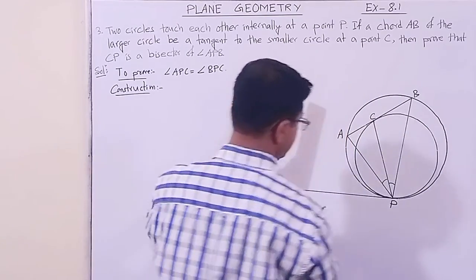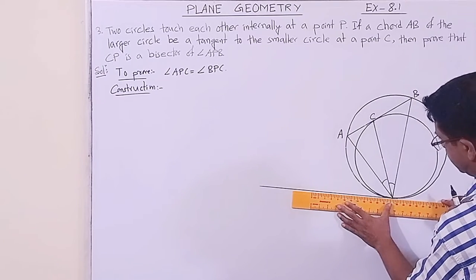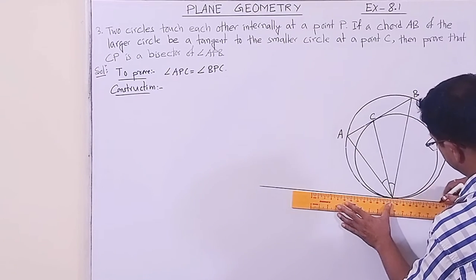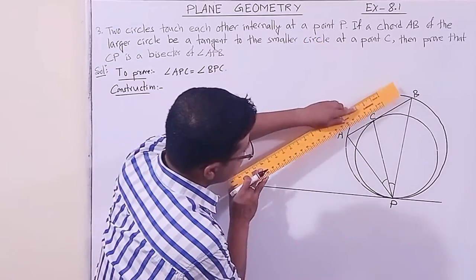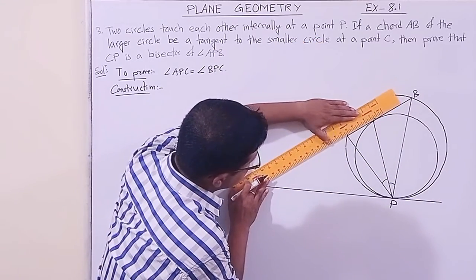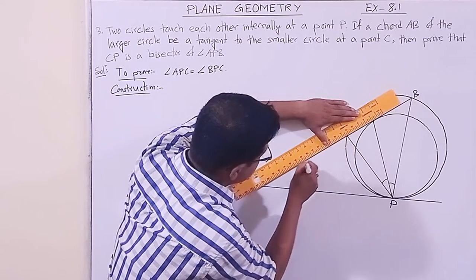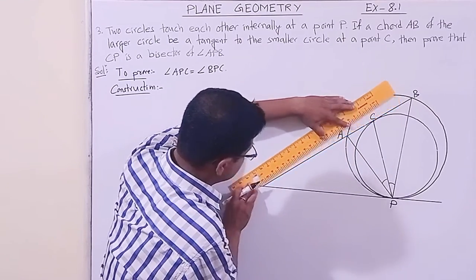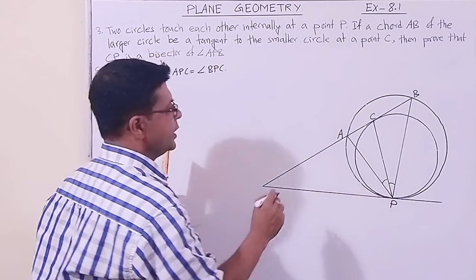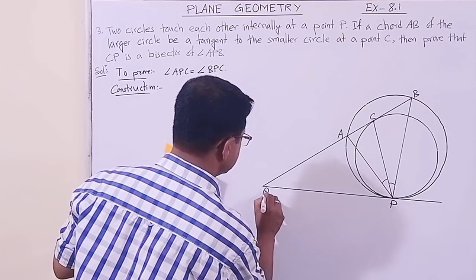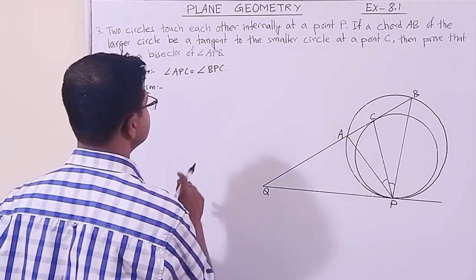A tangent we have drawn at point P. Let us produce it so that it looks like a tangent nicely. Then we join it and produce it up to this much. I hope you understood the diagram. Suppose this point is marked as Q. So let us write the construction part.